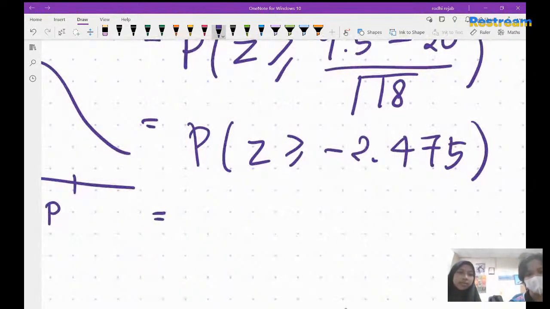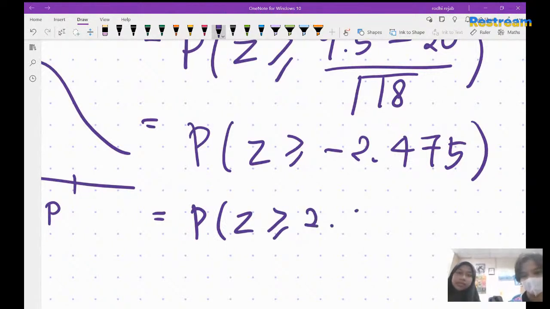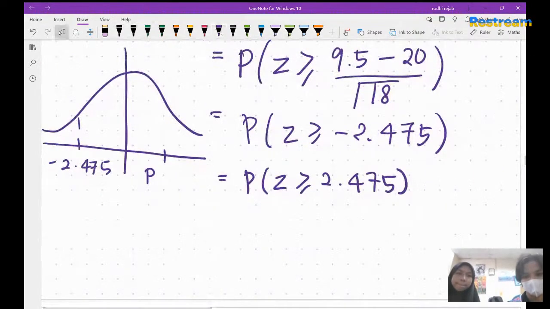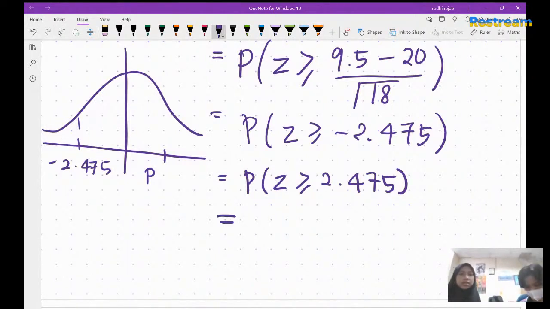So just refer kepada buku, 2.475 dekat jadual. Tengok. Kalau Z lebih daripada negatif 2 belah sana, minus.